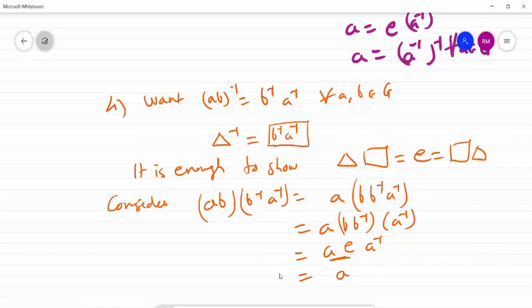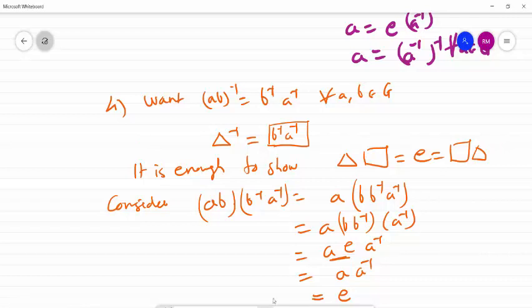So you can consider A into 1 as A. And then A into A inverse is E. So we start our journey from triangle into rectangle, and reach up to E.